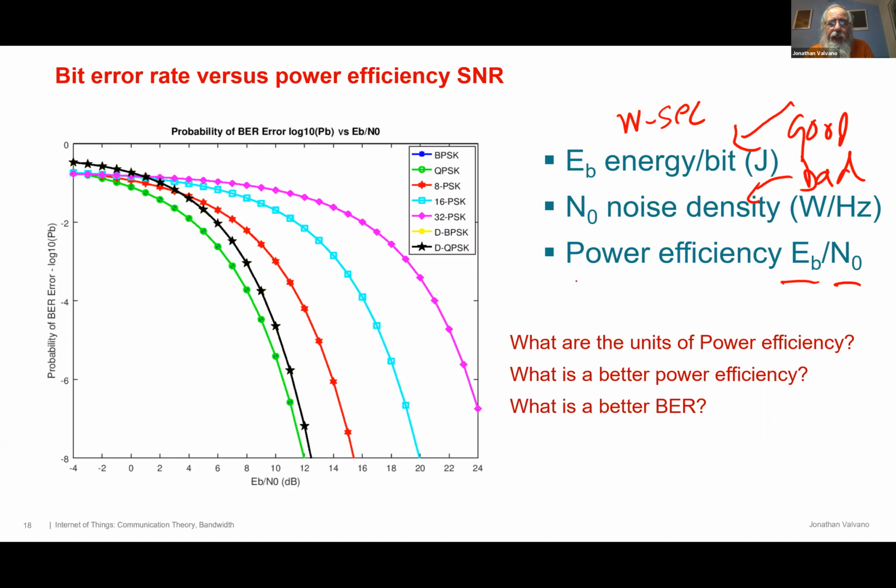So this is a non-dimensional way to describe the efficiency of converting bits through a noise channel. And so the units of this. What are the units of, what is a watt second per watt hertz? Right. Joule divided by watt hertz.